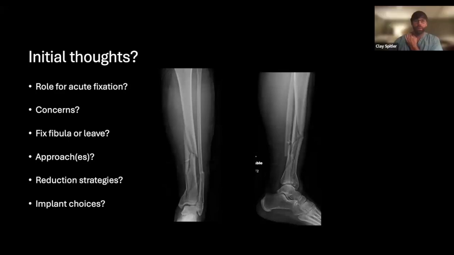Yeah, I think a couple things. I would say that is dependent entirely on the soft tissue envelope. And this is a pretty high energy injury, with a highly comminuted fracture pattern. The joint surface looks relatively simple without a CT scan. Certainly, before I would dive into acute fixation, I would want to have that information.